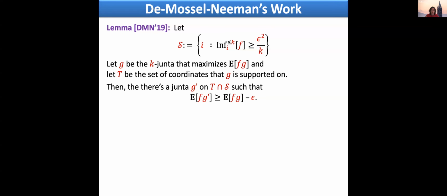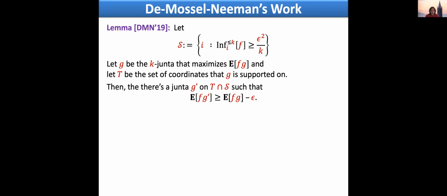is that if G is a k-junta that maximizes the correlation, so it's the closest k-junta to f, and if T is the set of coordinates on which G is supported, then there's some junta G prime whose support is on T intersect S, such that you only lose an additive error of epsilon in the correlation with f.